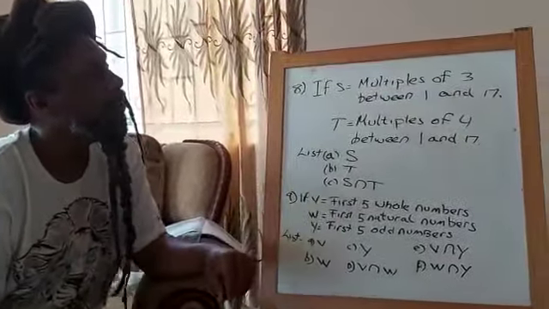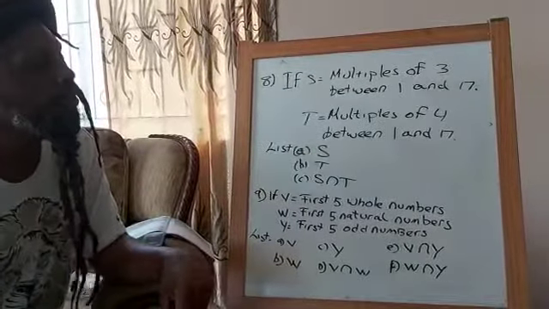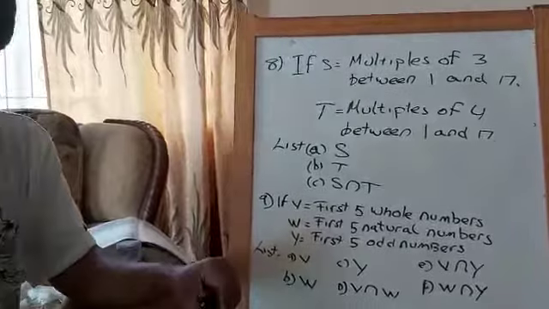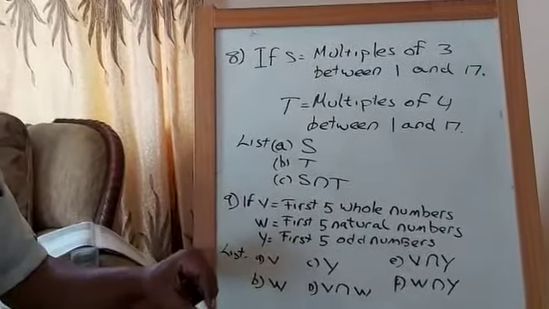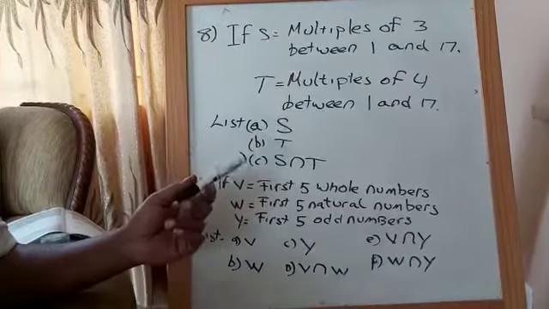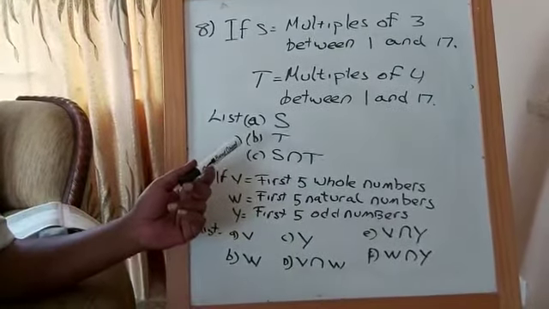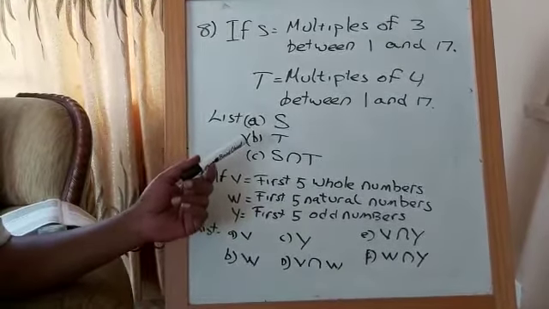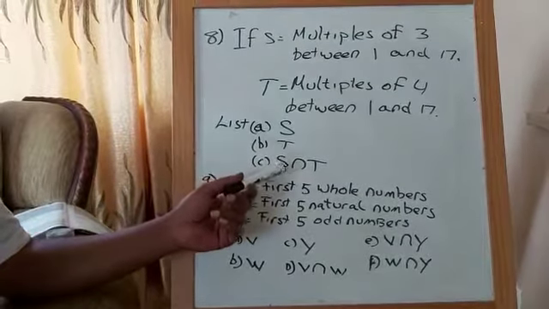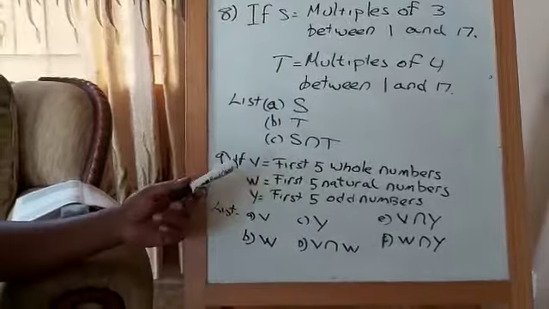If S is equal to the multiples of 3 between 1 and 17, set T is equal to the multiples of 4 between 1 and 17. List for me: A, S, B, T, C, S intersect T.